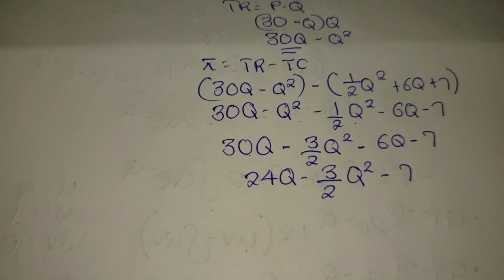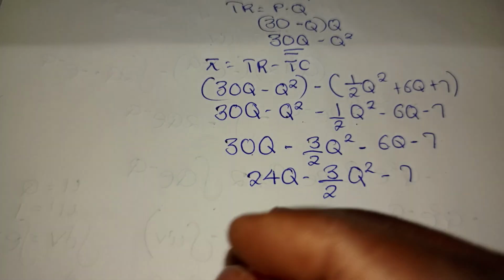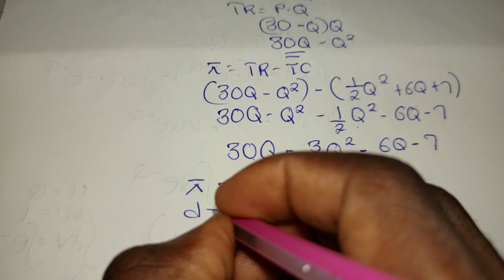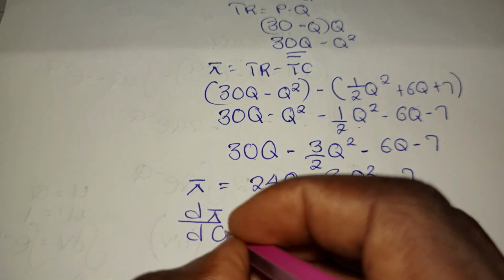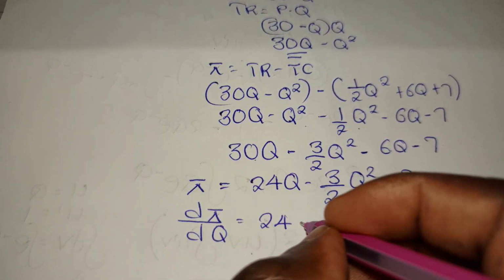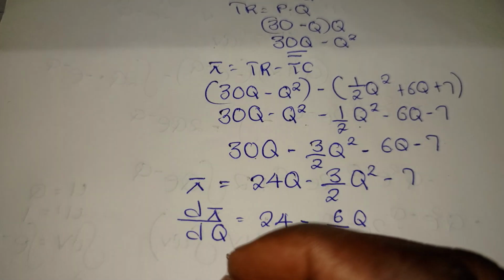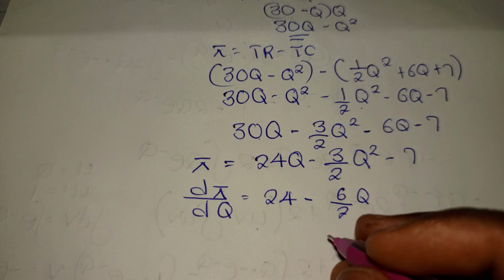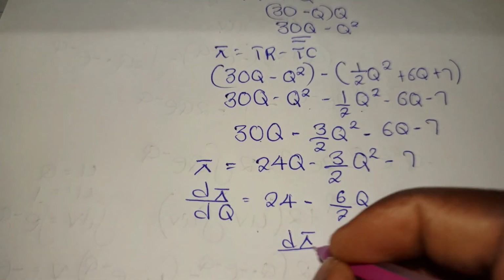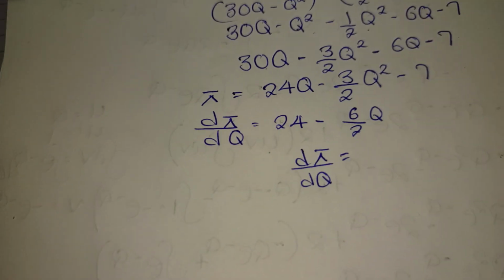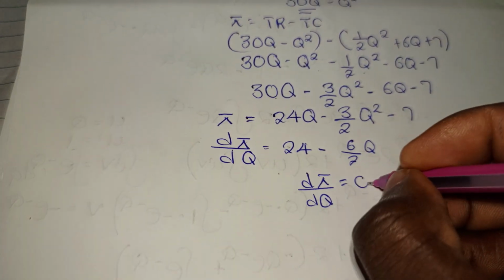It is like we are finding the maximum, so we should find the derivative. So the derivative of profit with respect to Q is equal to 24 minus 6 over 2Q, where we know if we want to maximize profit, we set the change in profit over the change in quantity equal to 0.